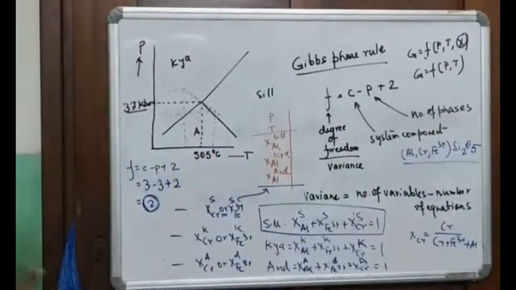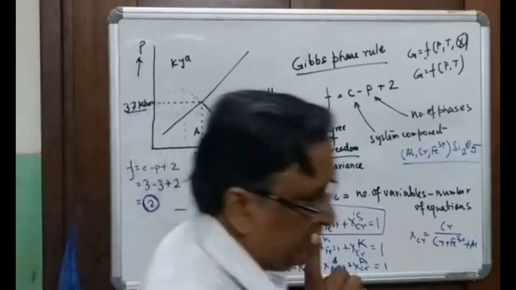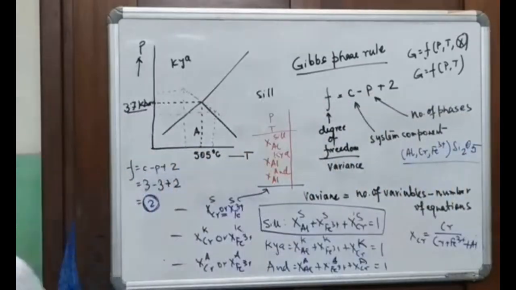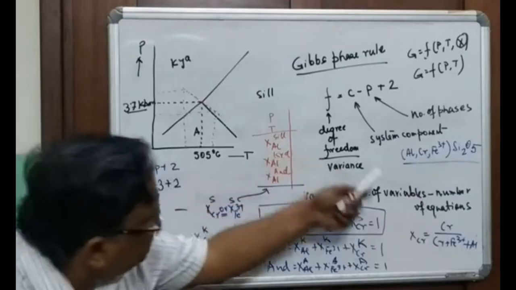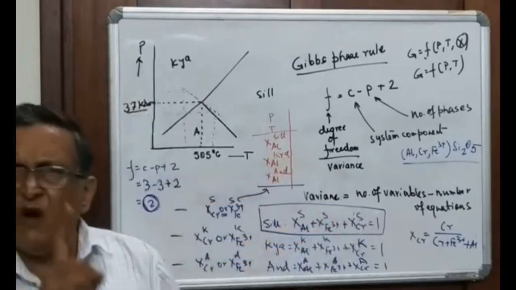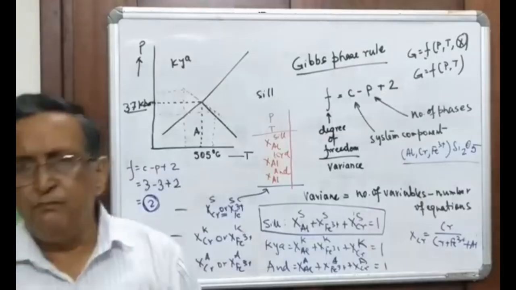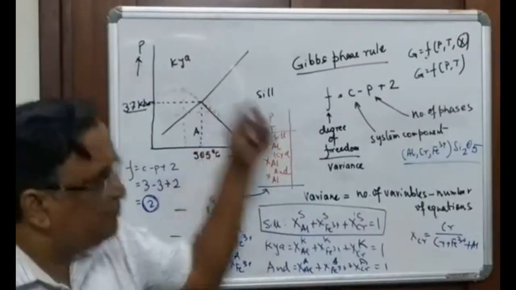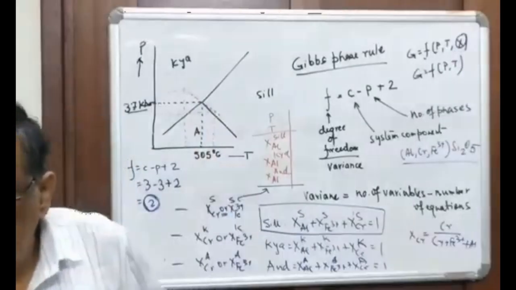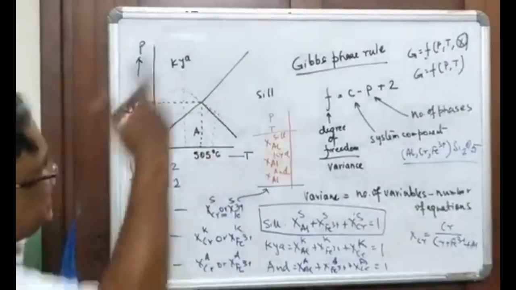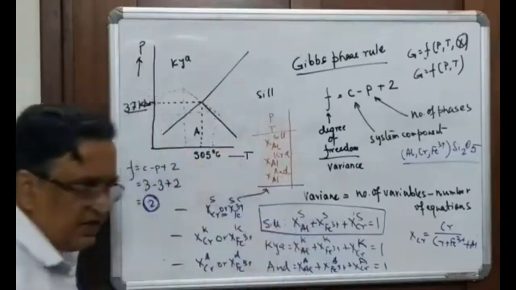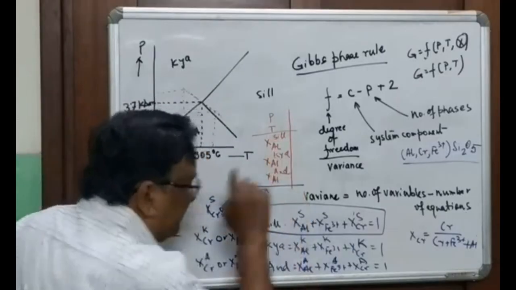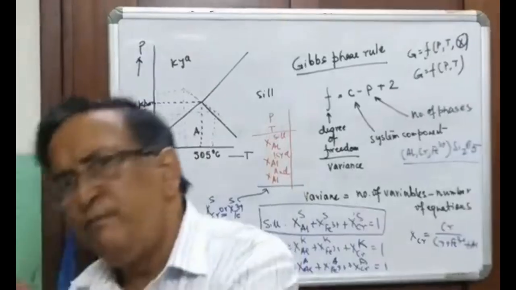But this is the very, very crucial thing that you need to know. All this complication started from 1 component system to 2 component system to 3 component system: black, red, blue. You increase the variables from pressure and temperature when it was black to 2 plus 5 when you had 2 components.